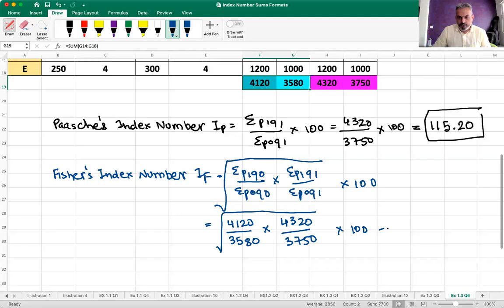That is 4120 into 4320, divided by 3580, again divided by 3750, then under root, then 100, which is 115.14. Answer.